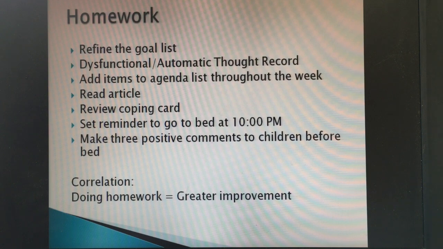Another homework assignment is the dysfunctional thought record, or the automatic thought record, where the person would be keeping track of situations that come up that they have strong thought and emotional reactions to.